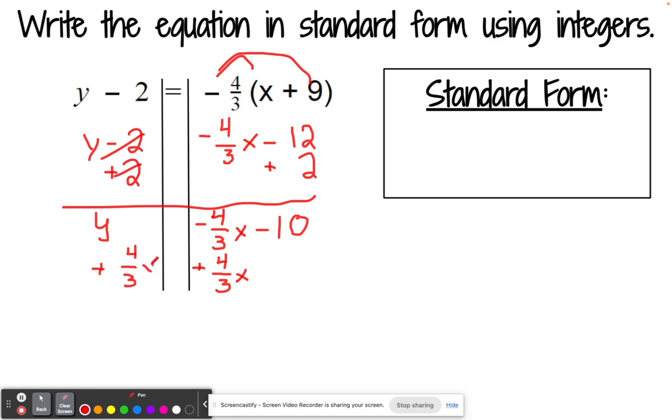Now I have 4/3 x, at least it's positive this time, plus y will equal negative 10.